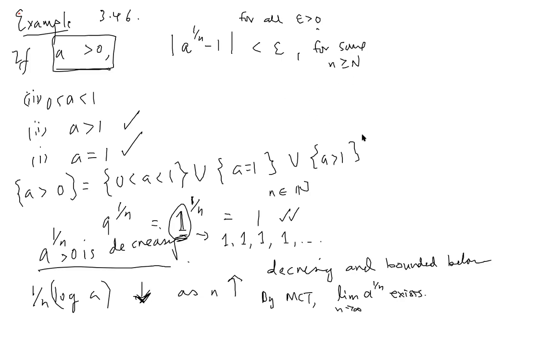Now, to show that this is not so easy to work with, so we show the equivalent, which is the log form. If this converges to 1, then log A over n, which is its log form, will converge to 0, yeah? If your A power of 1 over n converges to 1, you take the log form, it should converge to 0.